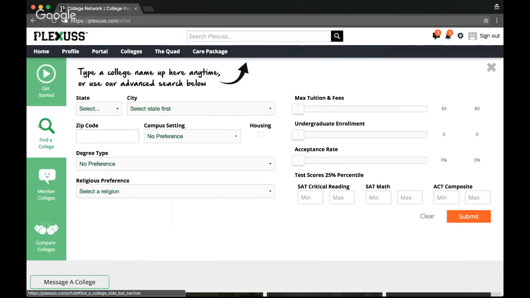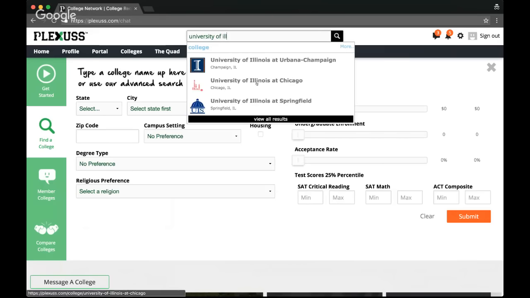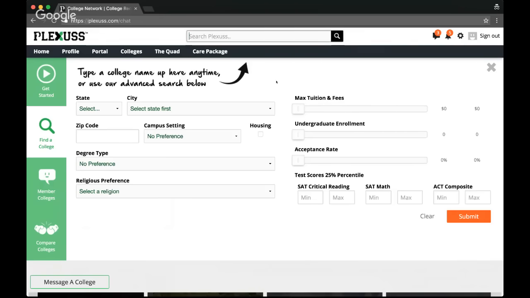Moving on to the Find College area. If you do want to search for a school on Plexuss, you can use the top search bar. So if I wanted to check out the University of Illinois at Chicago, I can just search it from that top search bar there and go check out the school page. Or I can search for a school based on certain criteria.